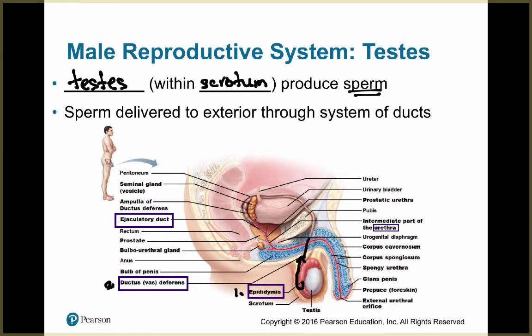From here, it'll go through here. And next it's going to go into the ejaculatory duct. And then finally it's going to go out into the urethra.